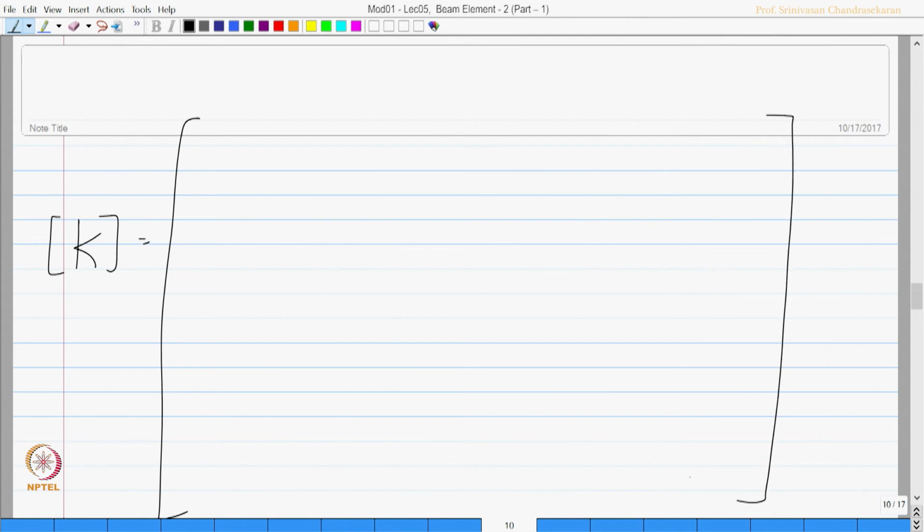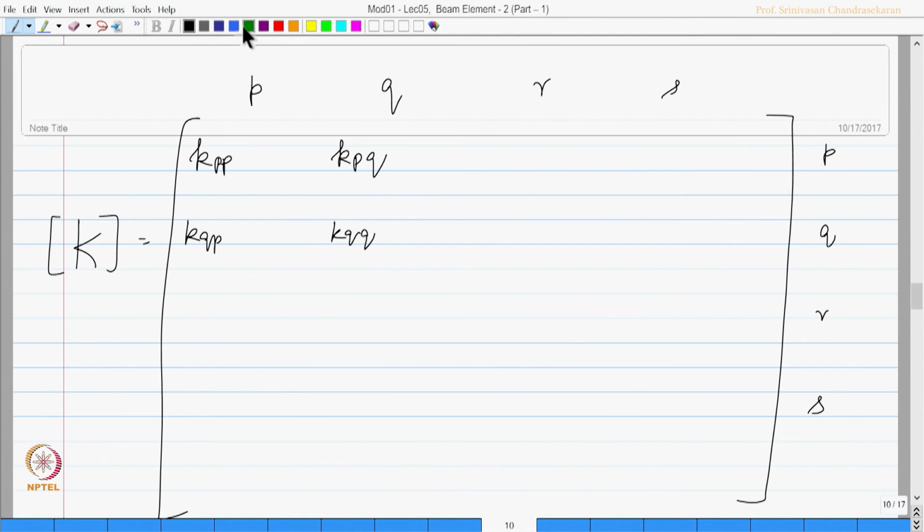So, I can now make a matrix saying that the K matrix, which will be P, Q, R and S, P, Q, R and S. This is K P P, this is K P Q and this is K Q P, this is K Q Q, row first and column next.